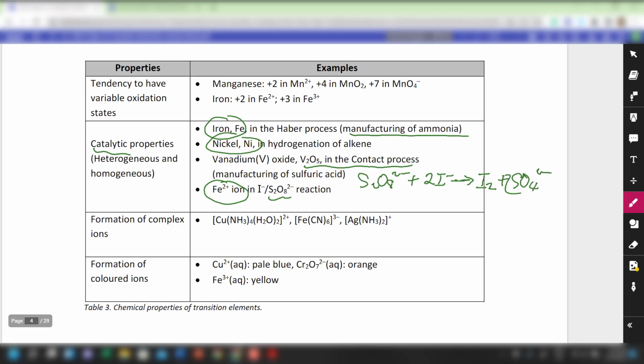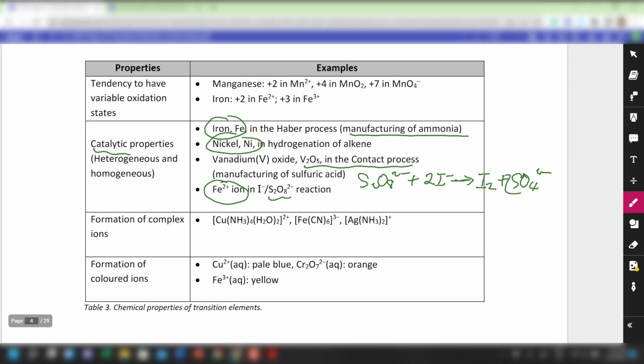Technically this is possible, but this is only based on thermodynamics. Kinetically, the reaction will have a relatively large activation barrier because both species are negatively charged.